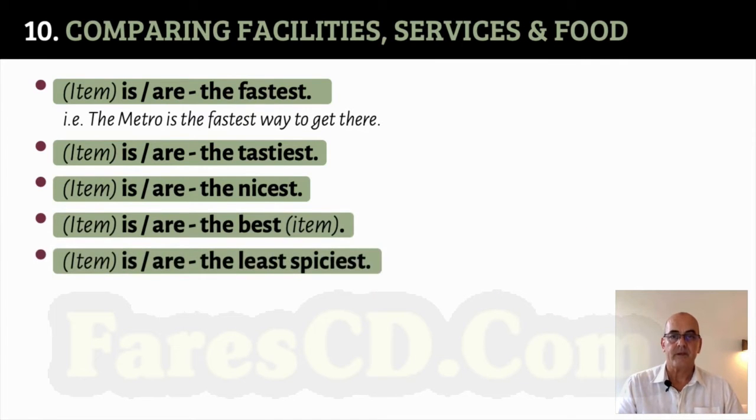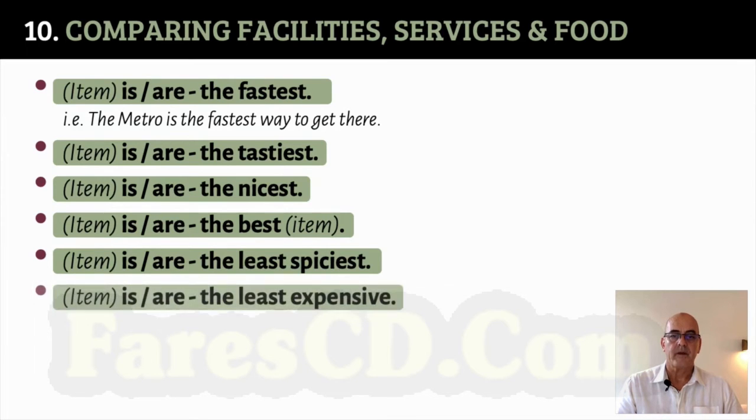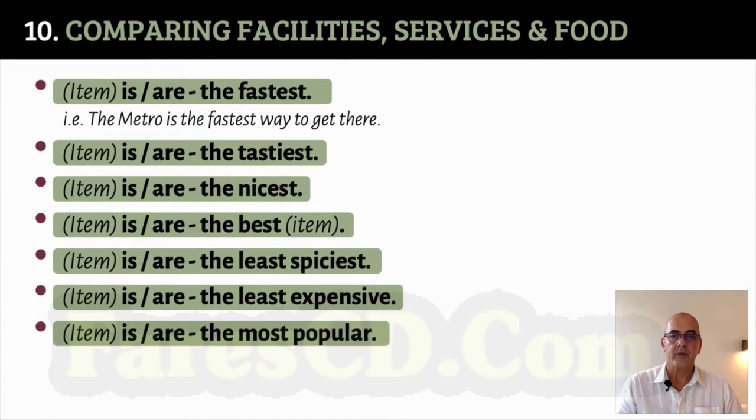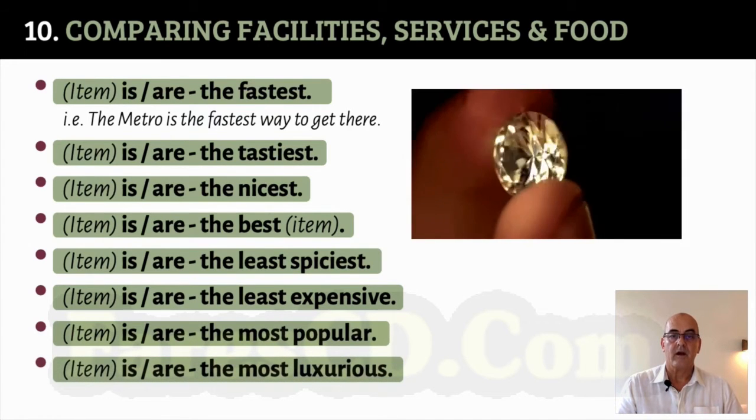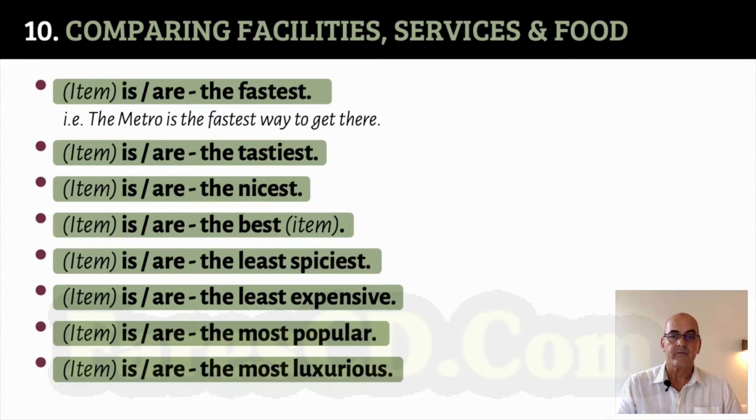Is the least spicy. Are the least spicy. Is the least expensive. Are the least expensive. Is the most popular. Are the most popular. Is the most luxurious. Are the most luxurious. So these are all superlatives.